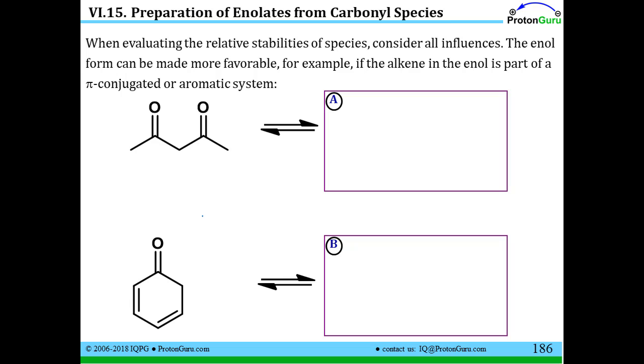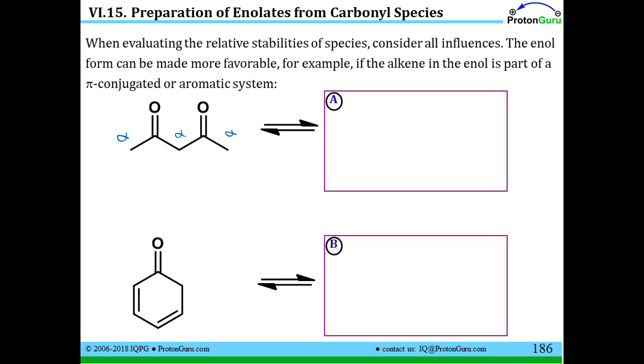The first thing I want to point out is that if I have a compound that has several different sites that we could call alpha sites, right? Alpha is just the site right beside the carbonyl carbon. So beside this site or beside this site, all could be called alpha sites.